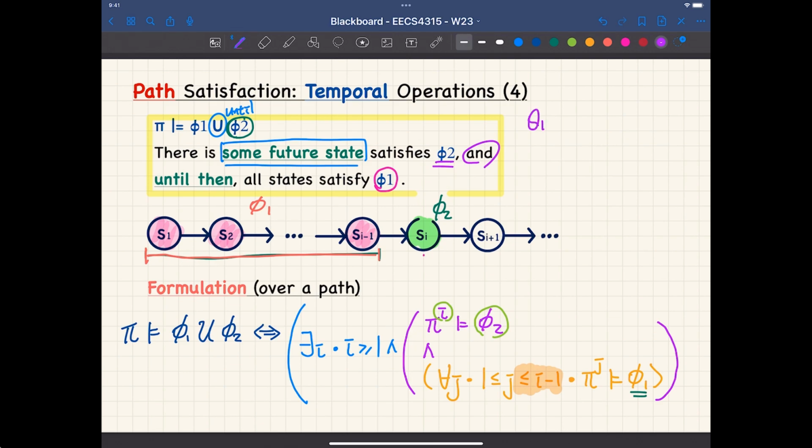Question number 1: is it okay that phi 1 is always the case, but phi 2 is never the case? That's question number 1. I'll write down two questions, and then I will take some input. Okay, that's 1. I'll put another question.